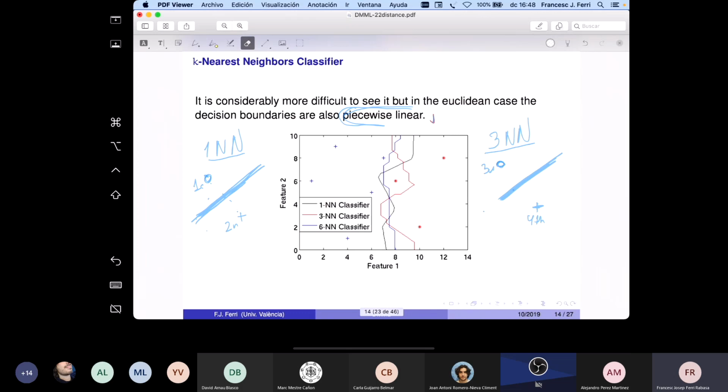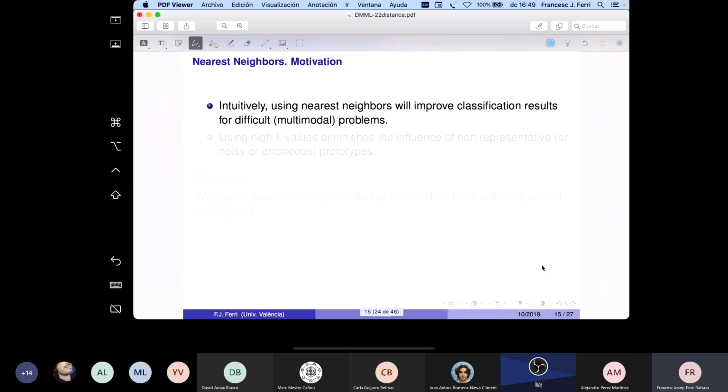At the end, the boundary has to be formed by a piecewise linear function. It's okay? Questions? Okay, let's go.